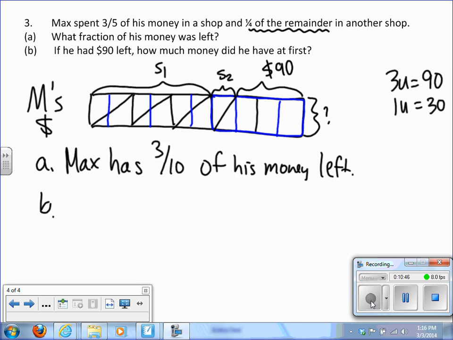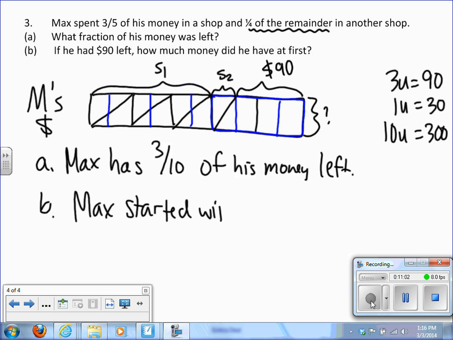Good. Are you with us, everybody? Okay, and then therefore, go ahead, Cormac. 10 units equals $300. Good. 10 units is $300. Therefore, Max started with $300. Very good.